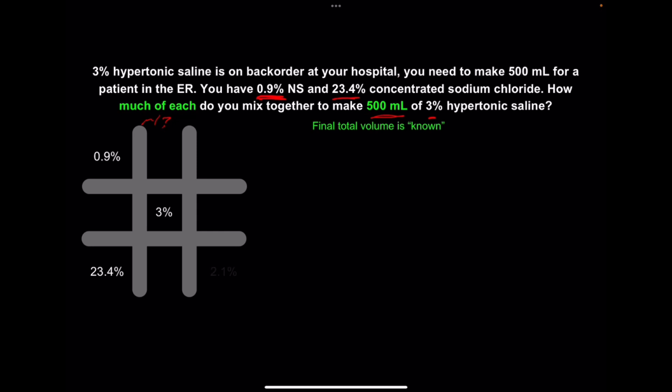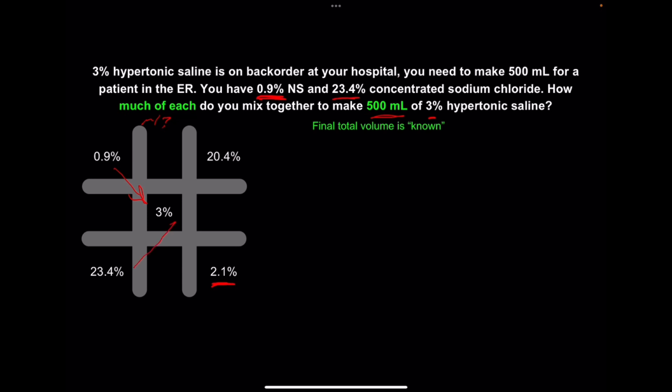And then we go diagonally. By going diagonally, we find the difference in those two numbers. The easiest way to do it is take the larger number, 3, minus the lower number, 0.9, and you get 2.1. We do the exact same thing with the other side.